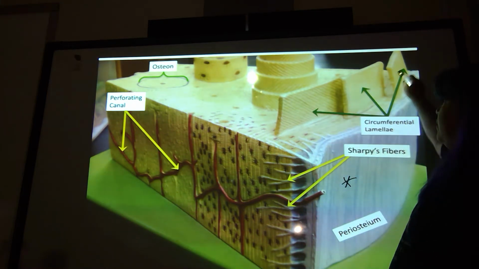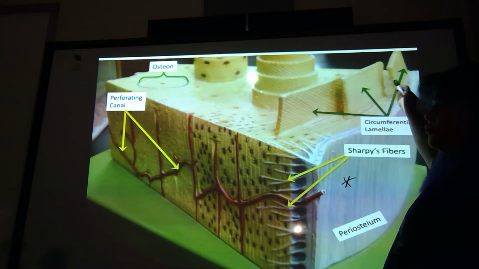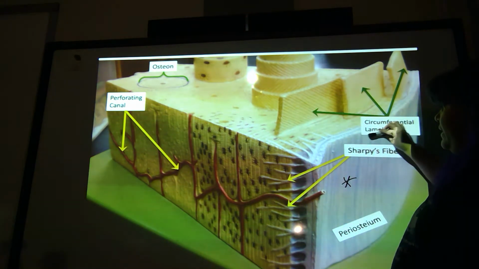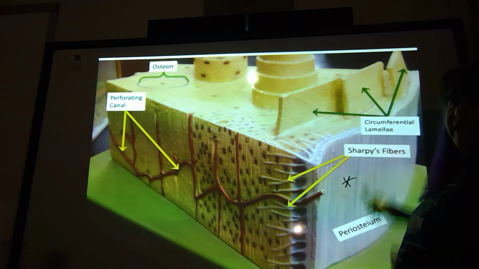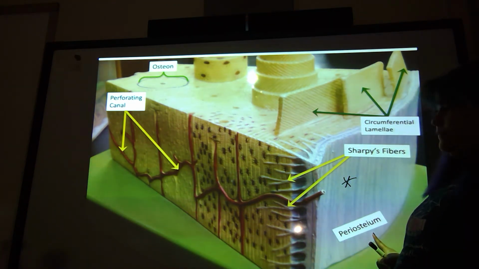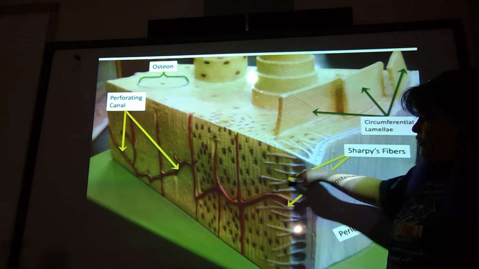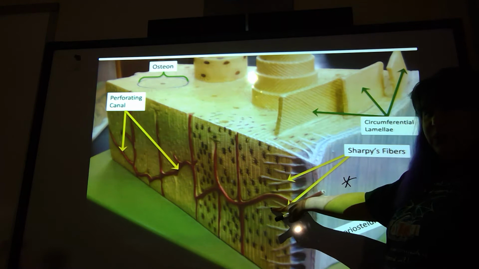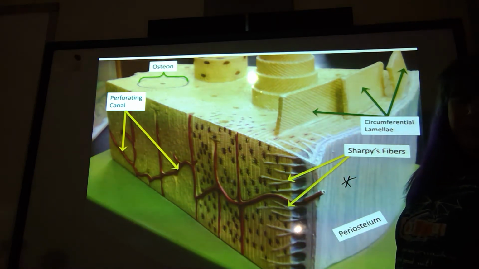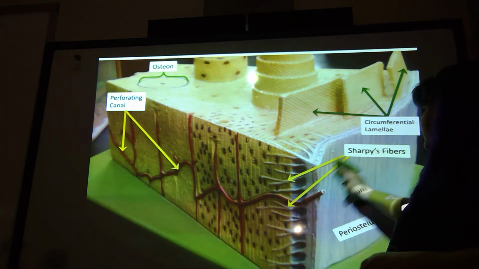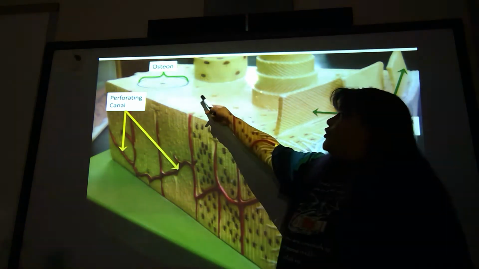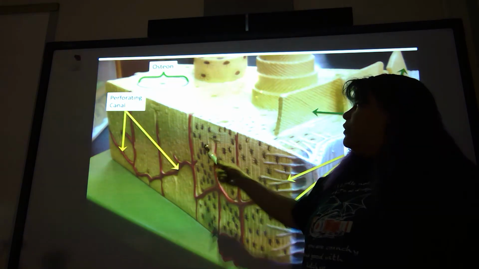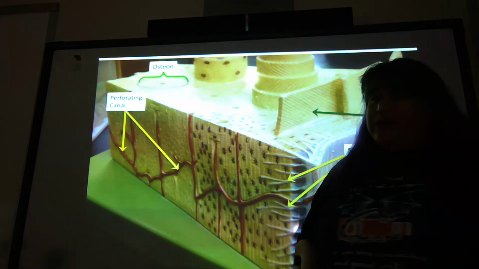Out here are those circumferential lamella that I told you about that go all the way around the circumference of your bone. This light blue is actually going to be the periosteum. And then here, you can see these white fibers embedded in the outside of the compact bone. These are going to be the Sharpey's fibers. Now, I know you can't see it real well in this picture, but those units, those bullseyes that I talked about before, the osteons, they're actually up here at the top.